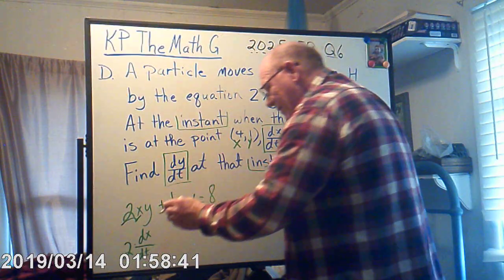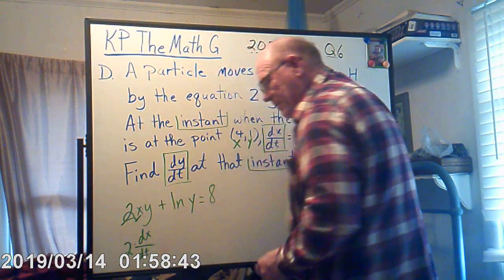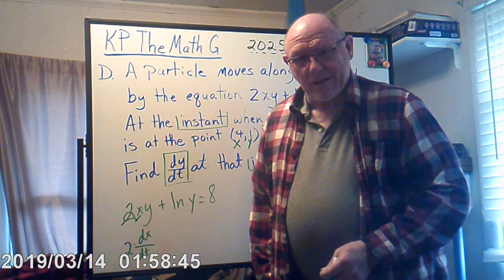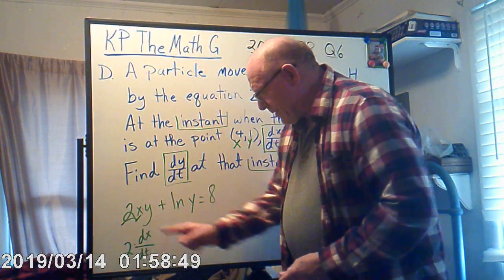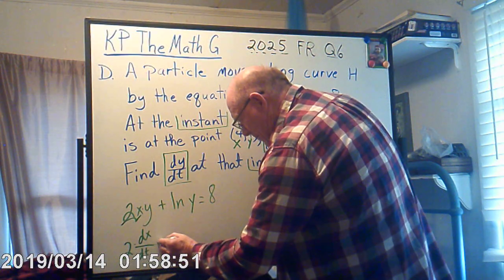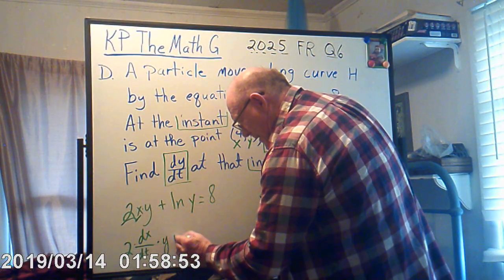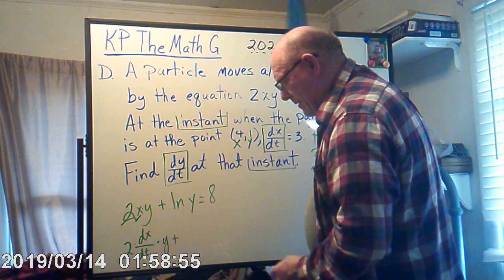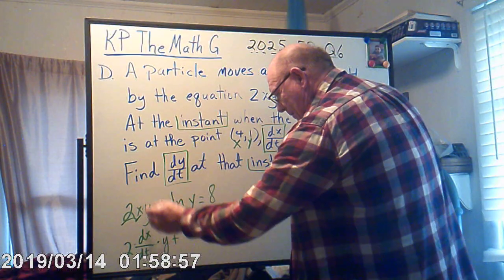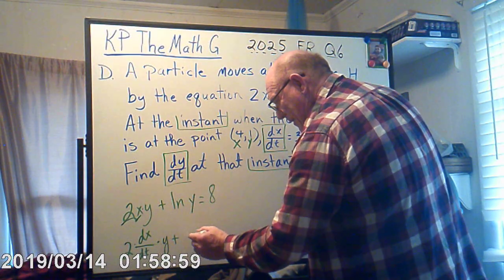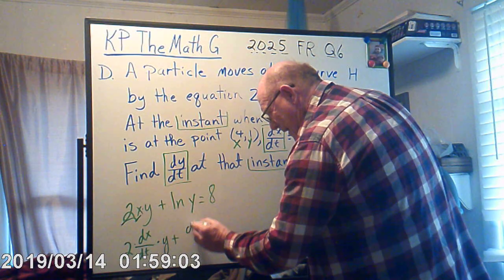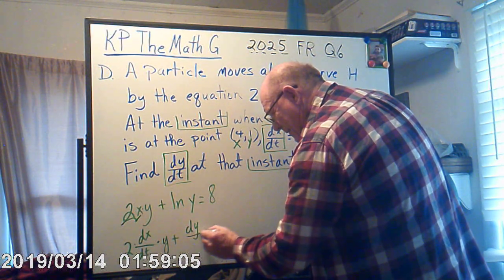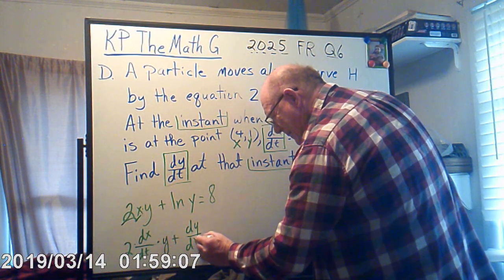Now, you guessed it, it's the product rule. So the derivative of the first times the second, times y, plus the derivative of y, which is just 1. But remember, 1 times dy over dt.